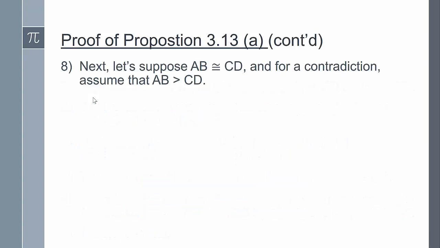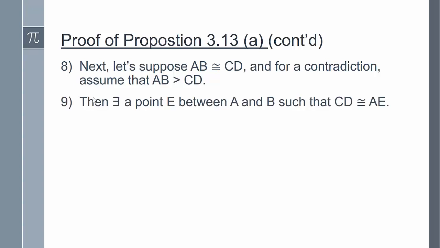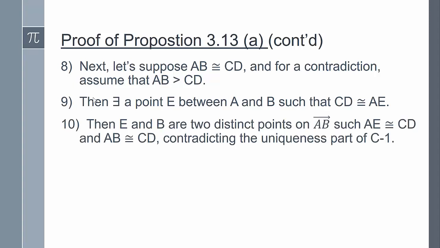To continue, now let's assume still that AB is congruent to CD, and for a contradiction, let's assume that AB is greater than CD. The proof is pretty similar to what we just looked at. There exists a point E between A and B such that CD is congruent to AE.